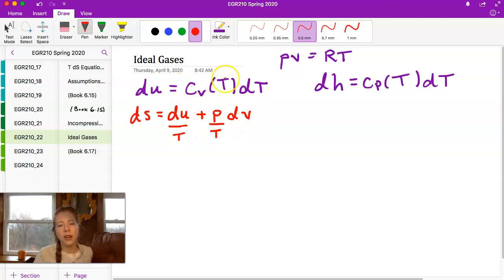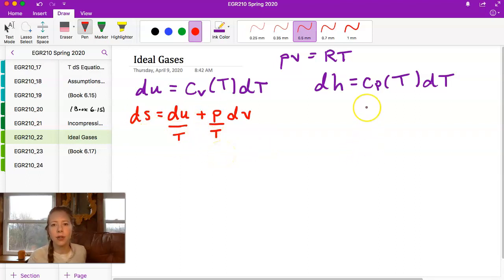And these are all lowercase because we're dealing with specific quantities. So where did this come from? Well, this was our TdS relation that we started the lecture with. TdS is equal to du plus PdV. That's all that is. And I just divided each through by T.